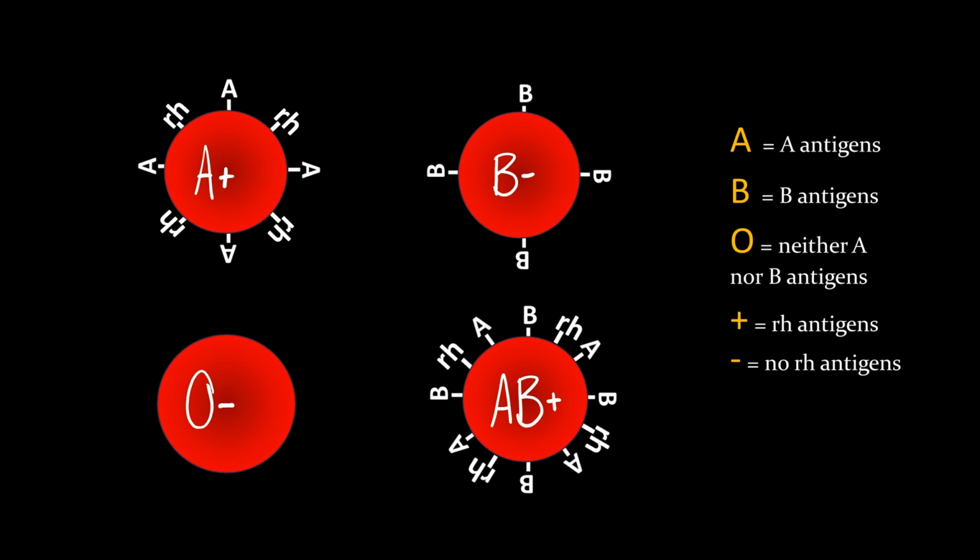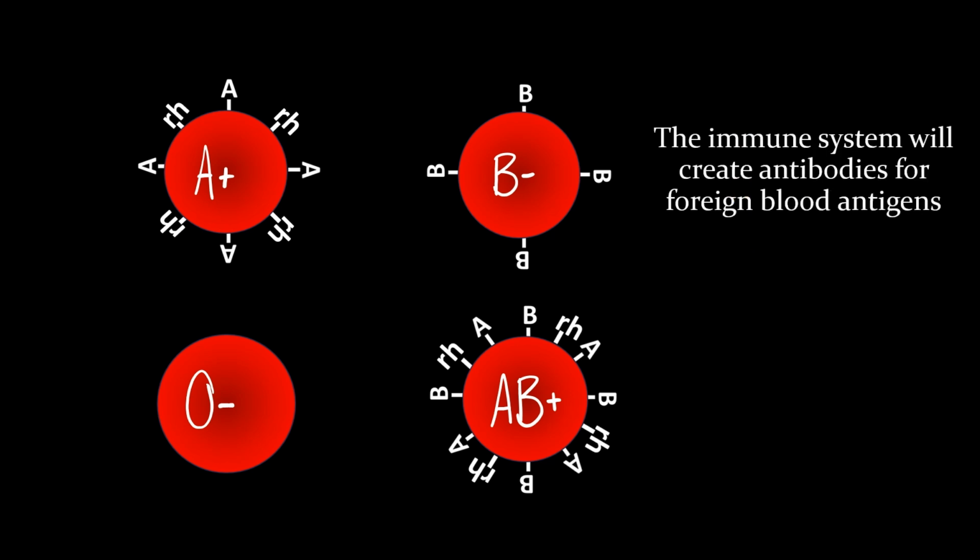All right, so those are the antigens. What antibodies are going to be present? So remember, the immune system is going to create antibodies for antigens you don't have. So there are 3 antibodies against human blood cells, and those would be anti-A, anti-B, anti-Rh.